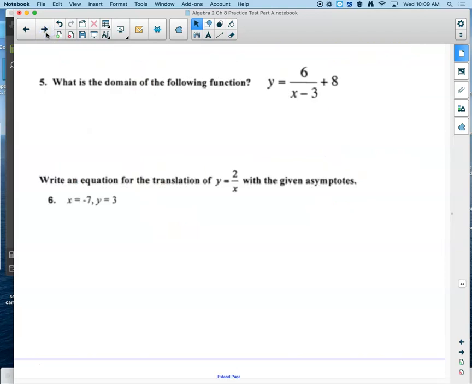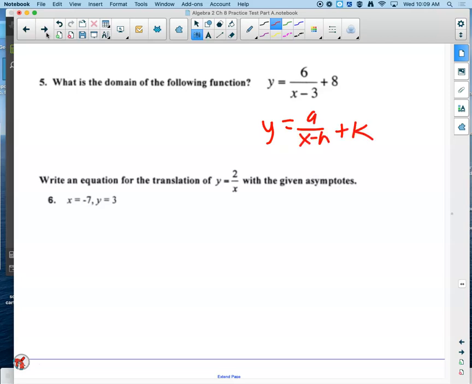Next up, what is the domain of the following function? Well, we like that one. That's that really easy hyperbolic equation, y equals a over x minus h plus k. And the domain is all about the x's.